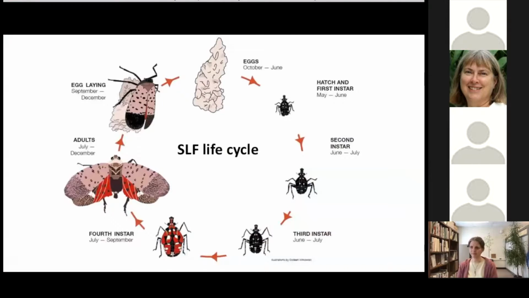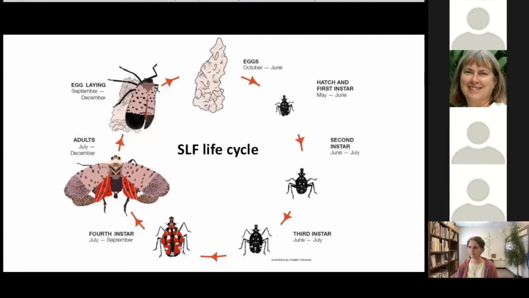The life cycle and the dates on this are based on information from Pennsylvania, and we know Christmas tree growers are used to looking at growing degree days and knowing that they're not the same for every month in every part of the state. The eggs are laid by adults in September to December. The eggs are the stage that overwinters, and then they start hatching in spring, early summer, so May, June.